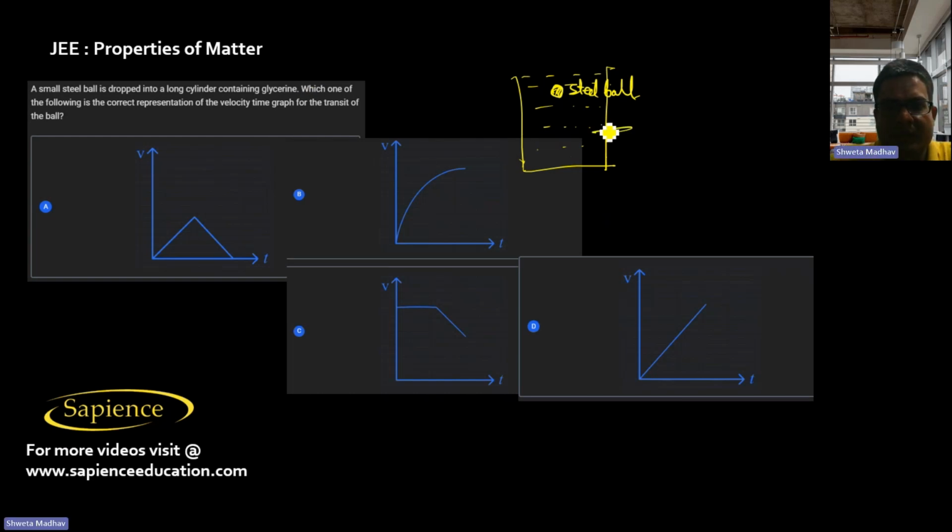Okay, so here glycerin is there. Then which one of the following is the correct representation of the velocity time graph for the transit of the ball?